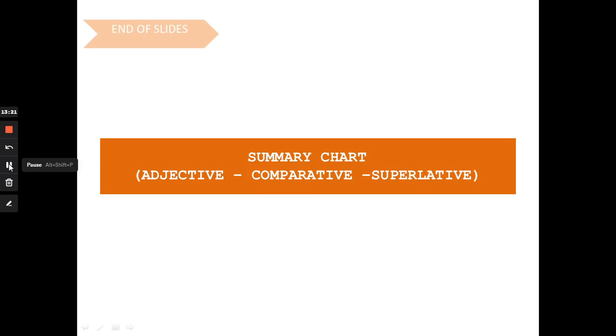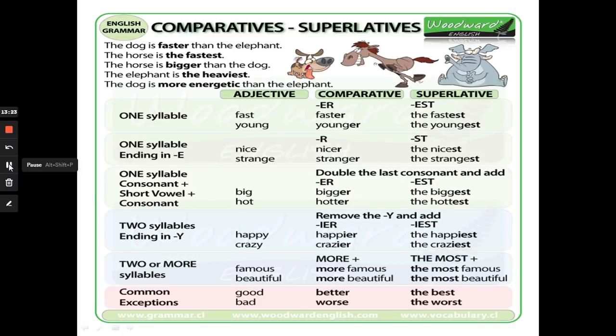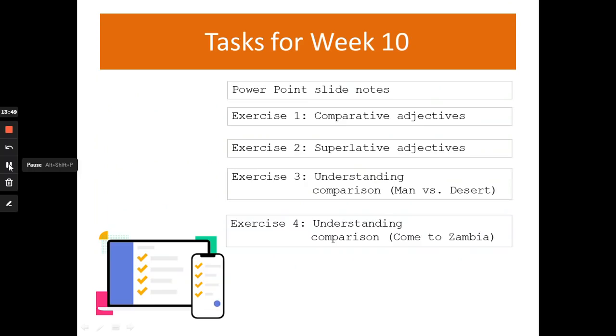Next is the end of the slides where I put again the tables of adjective, comparative, and superlative, so that it will be easier for you to look at this table and know the rules on how to form the comparative adjective, and also the rules on how to form the superlative adjective based on the number of syllables.